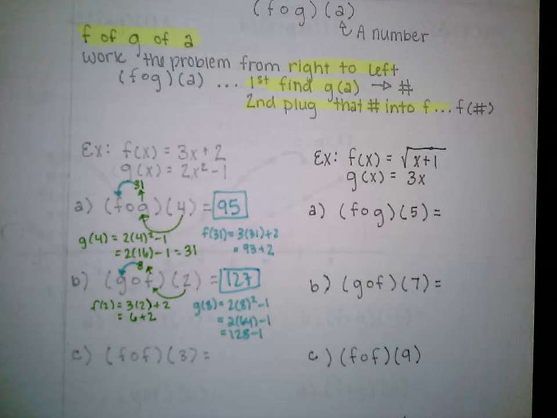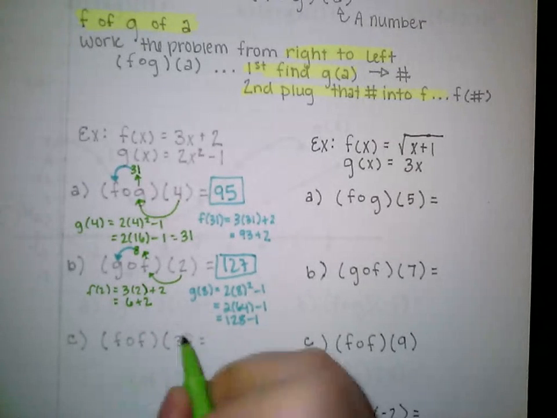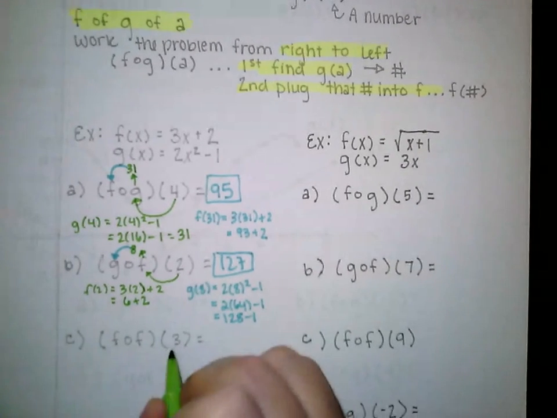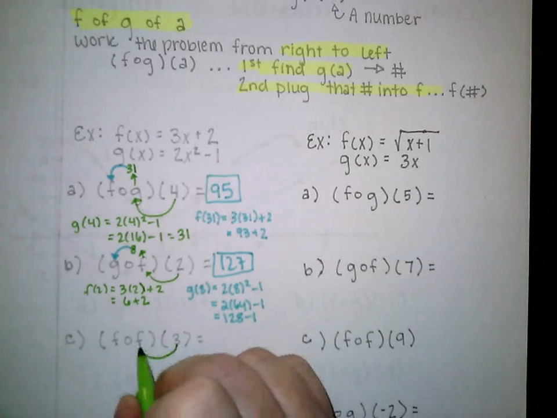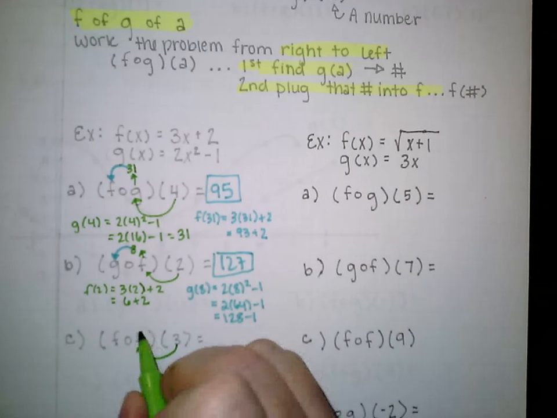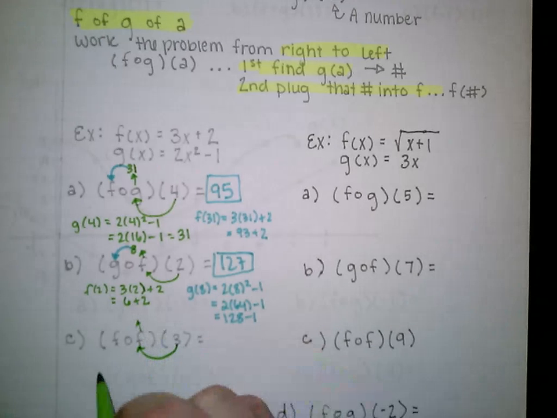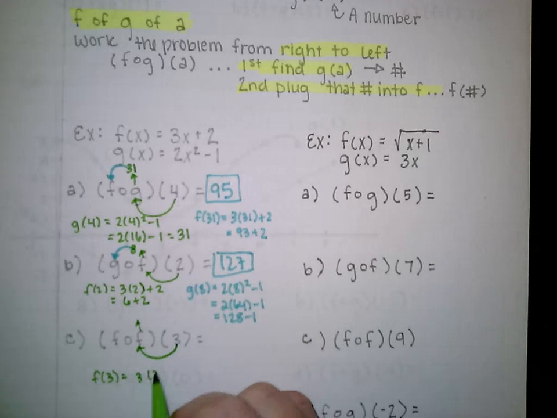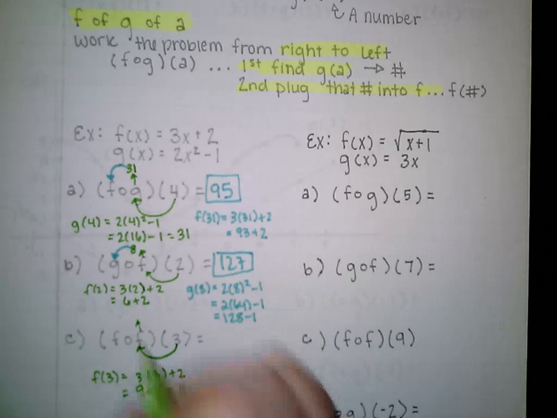Okay, what's next? f circle f of 3. Okay, so we can even do this with the same function over and over. So again, same process. 3 goes into f, and we're going to see what comes out. So f of 3, we do 3 times 3 plus 2, which is 9 plus 2, so 11.